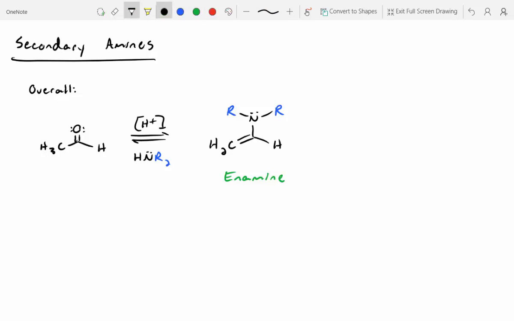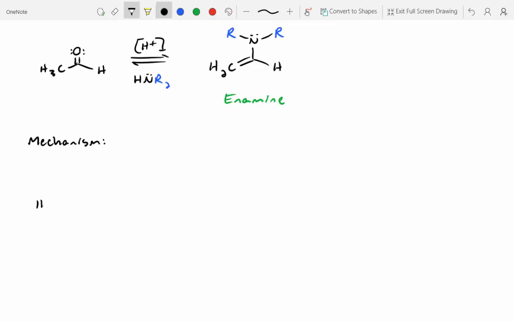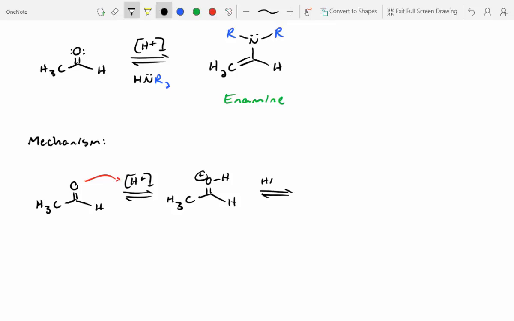Let's try to figure out what's going on with the mechanism. We know that the first step, like we saw before, involves protonation of our carbonyl. It's pretty standard, so let's just go ahead and do that. And just like with our imines, we have an amine that can attack into this carbonyl, kick up electrons onto the oxygen.